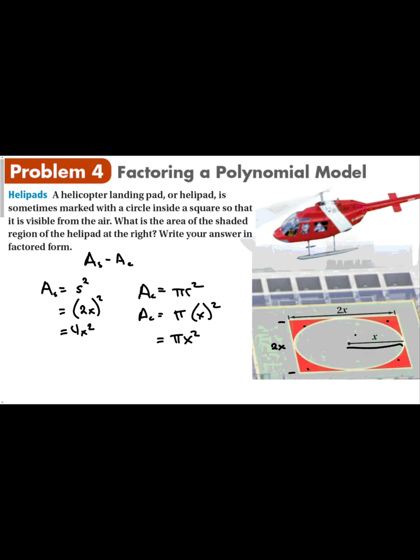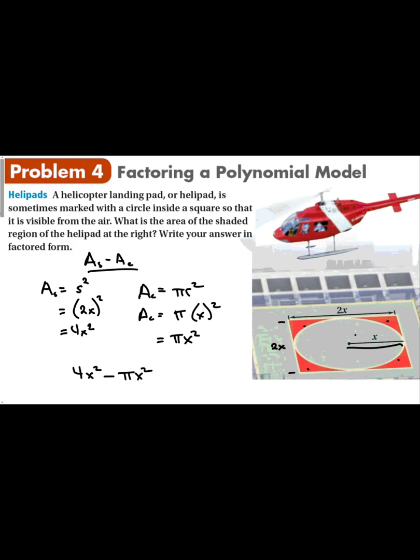Okay. Now let's put it back into my original formula. We take the area of the square minus the area of the circle. Doesn't say to solve it because I don't actually know the value of x, but it does say write your answer in a factored form.